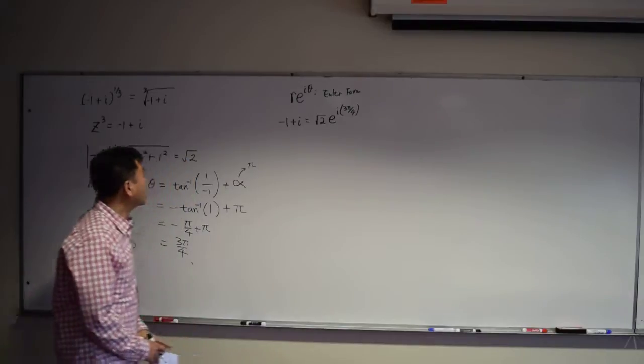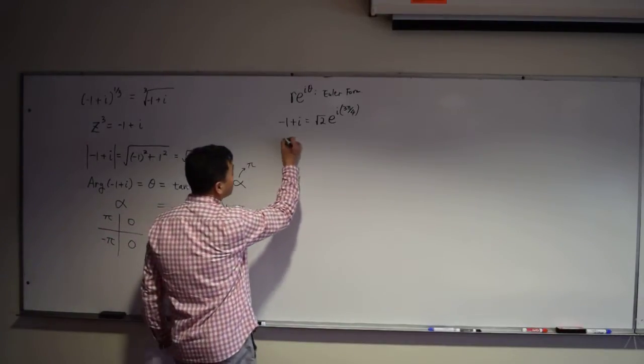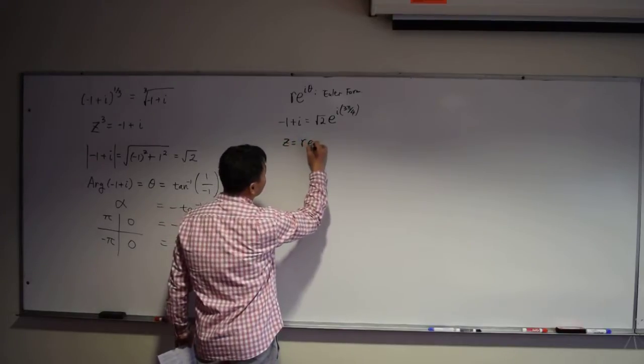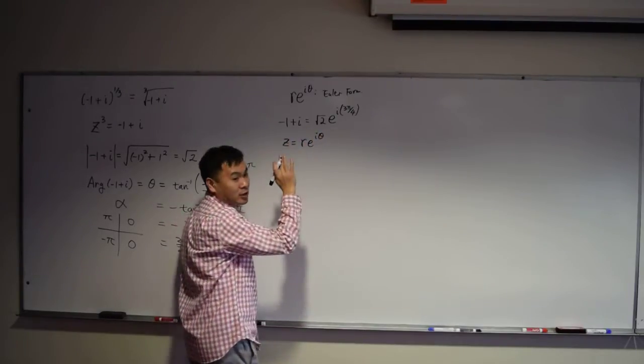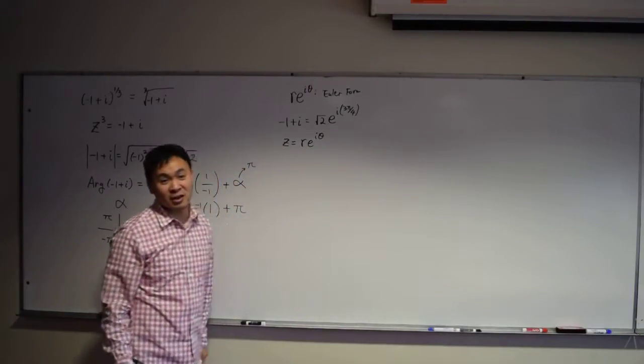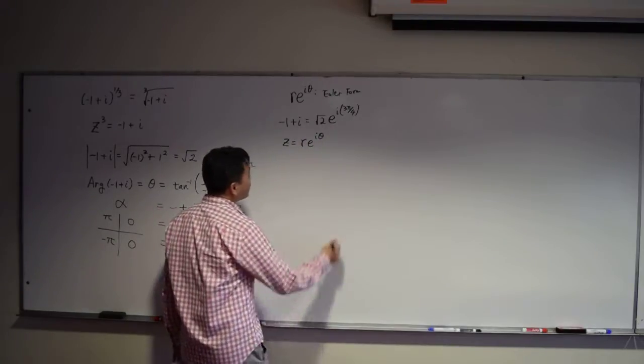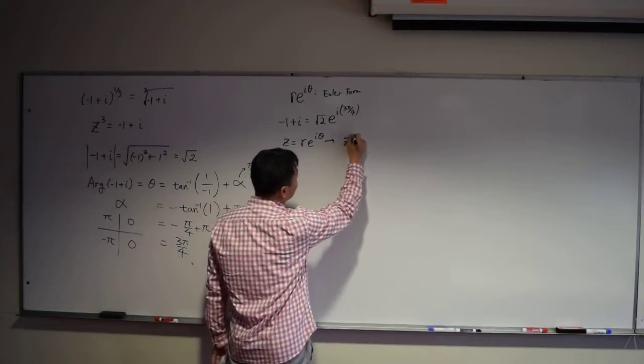Okay. Now let's do the same for z. I can take z as r e to the i theta, because I don't know what r is, I don't know what theta is, so I'm just writing z as some general complex number. In that case, what is z cubed?